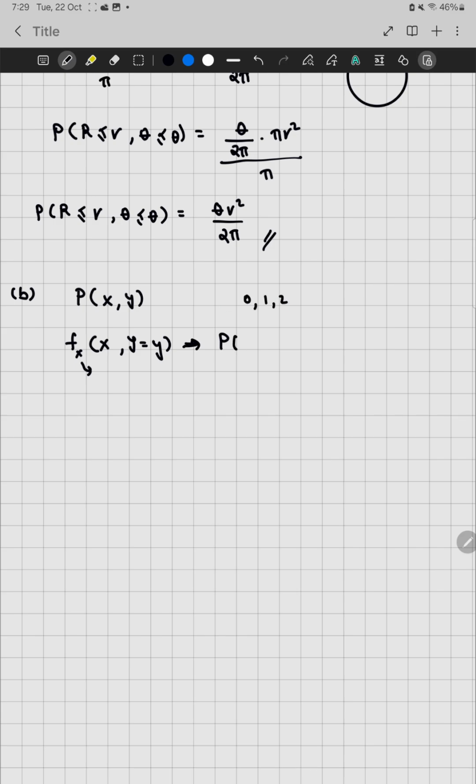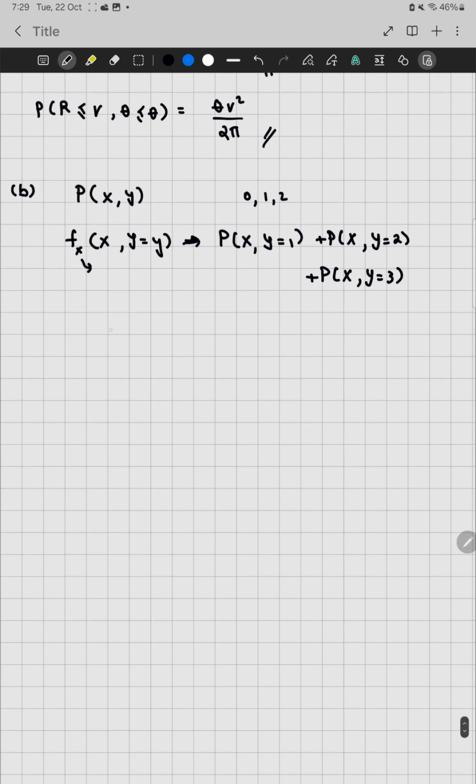It will be the probability of x comma y equals 1, plus the probability of x comma y equals 2, plus the probability of x comma y equals 3. In the first and second question, they will give some x value, say x equals 1, and ask for the marginal cumulative distribution function. We'll just change the values of y, but keep the x value constant.